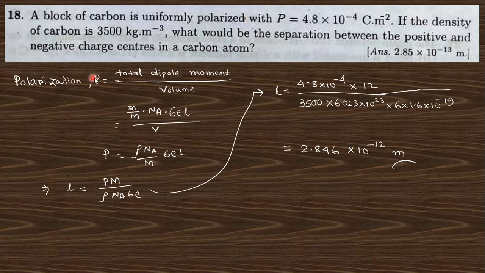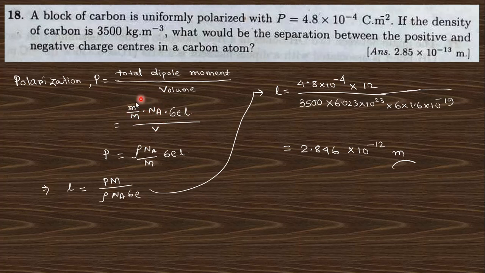For separation, you need to find the dipole moment. So you can write the polarization is equal to the total dipole moment per volume. Total dipole moment means you need to multiply this number. Small m is the mass of this carbon and capital M is the molecular mass, so you get this number times the Avogadro number.